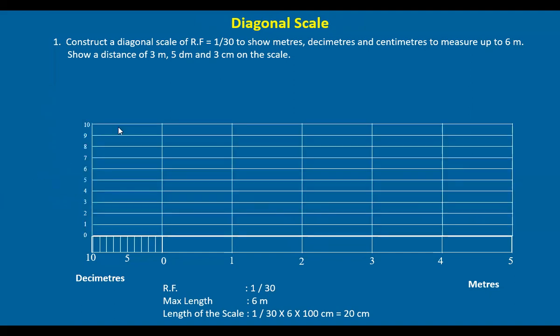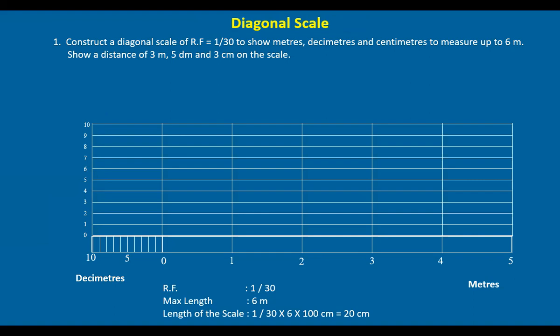We have taken a rectangle like this. We have taken a vertical line, and this vertical line is similar to our BC in the previous figure. So we have marked this 1, 2, 3, 4 up to 10 because 1 decimeter is equal to 10 centimeters.